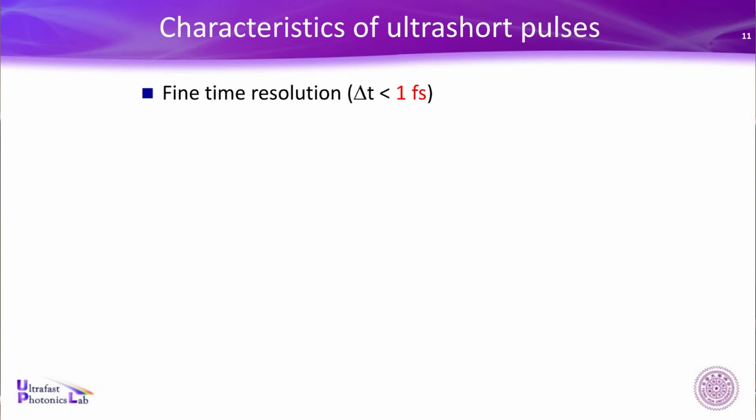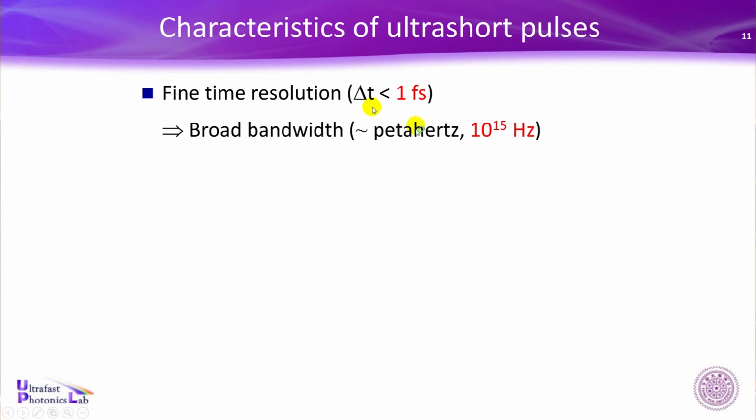If you have a very short pulse, you have very fine time resolution. 很精密的时间解析能力啊。So how fine can you get? In the last example, since the pulse duration can be as short as 380 attoseconds, roughly speaking, time resolution can be better than 1 femtosecond. So you have a very fine ruler in time domain.